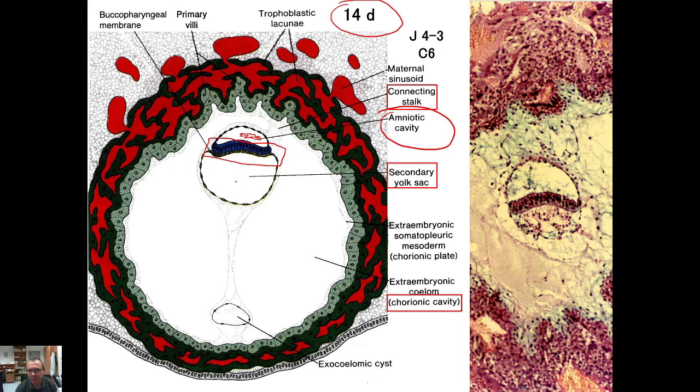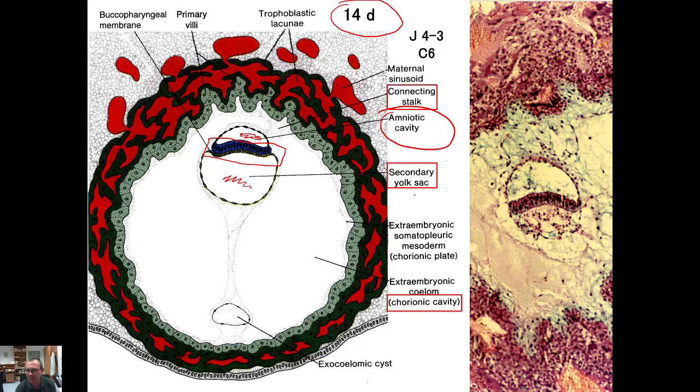The bigger cavity here down under the hypoblast is called the yolk sac. It was developing through the primary yolk sac towards the secondary yolk sac.